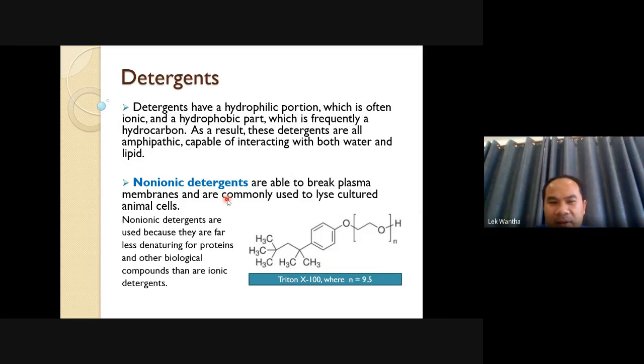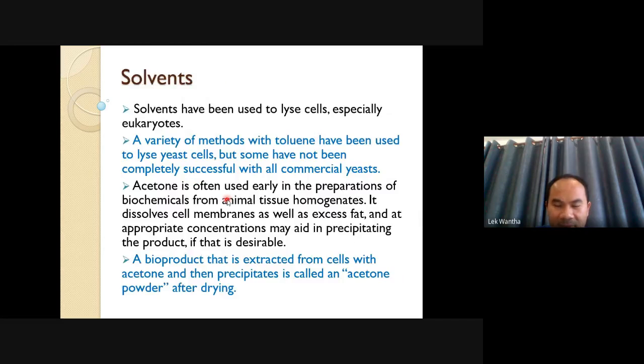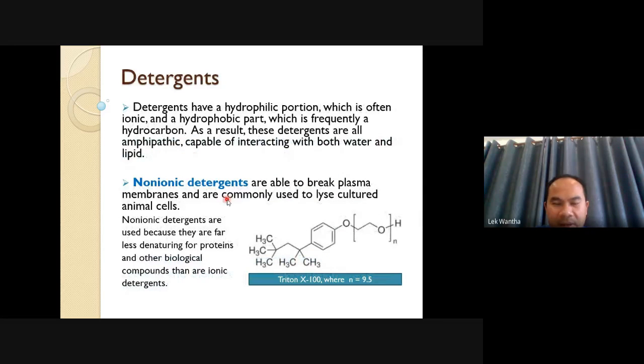If you use cationic or anionic detergents, they may denature the protein. So in this case we use the non-ionic, which is better than anionic or cationic because they may affect our protein activity, our enzyme activity, since it's a soft condition.